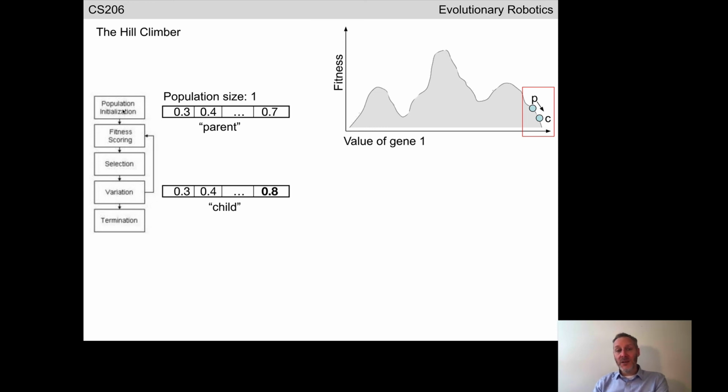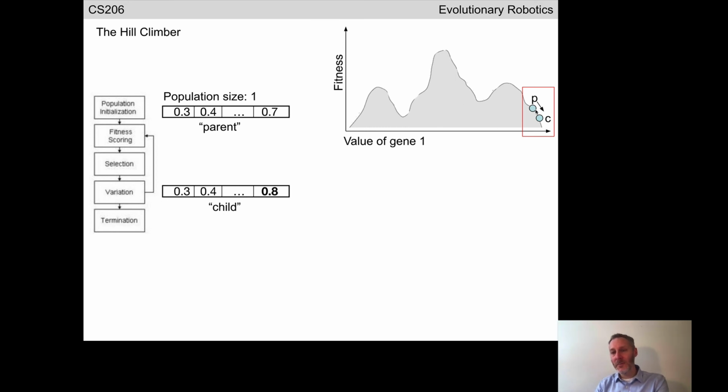Now that we've initialized the population, we move on to step 2 of all evolutionary algorithms, which is to score the solution. So let's imagine that this particular parent, and I recognize that I've written it out with multiple genes here, and then over here we're going to assume that we have just one gene.